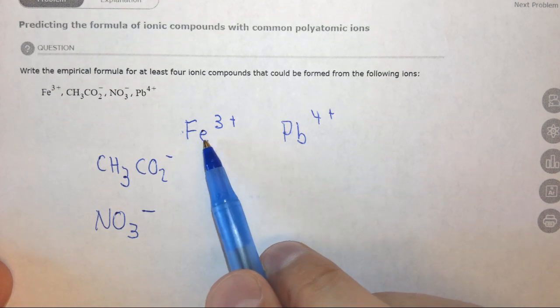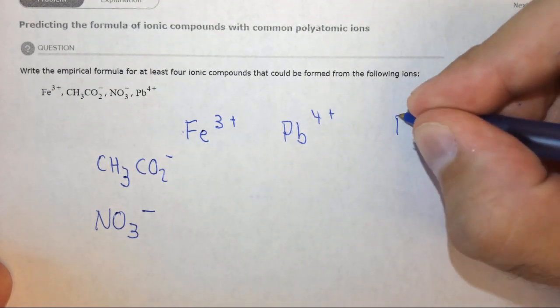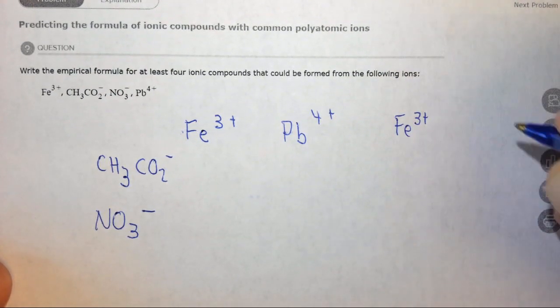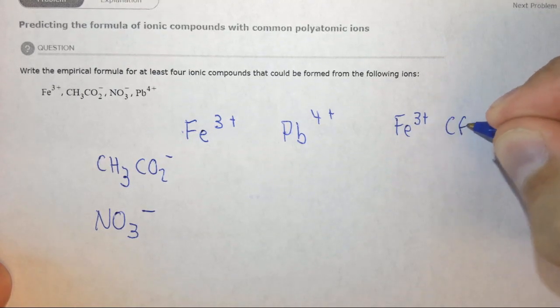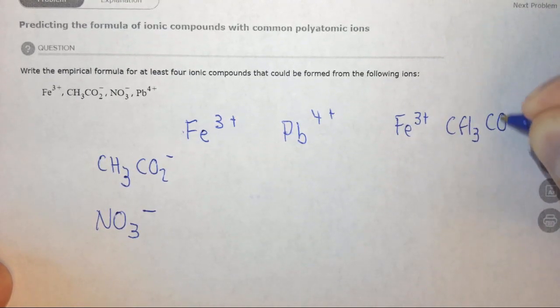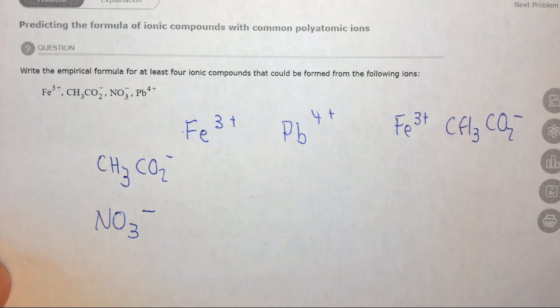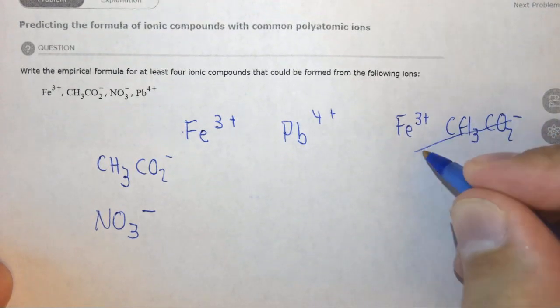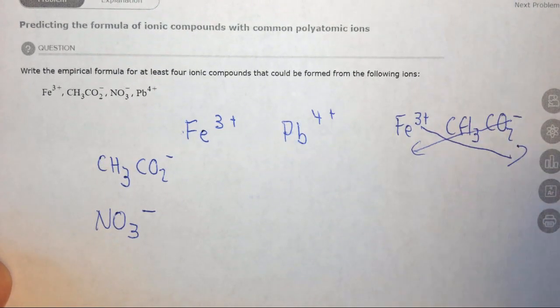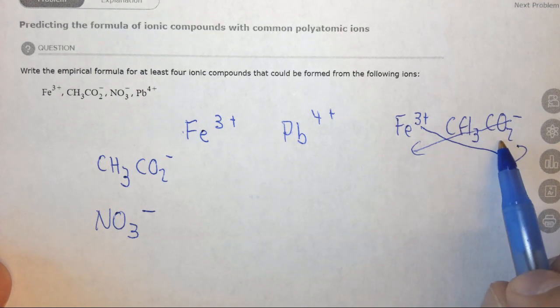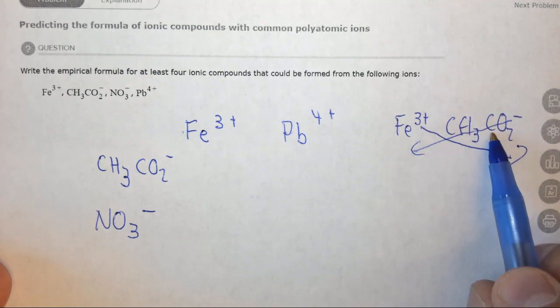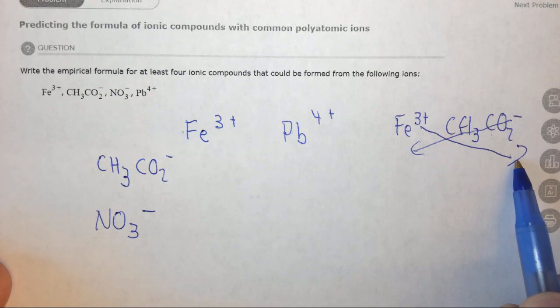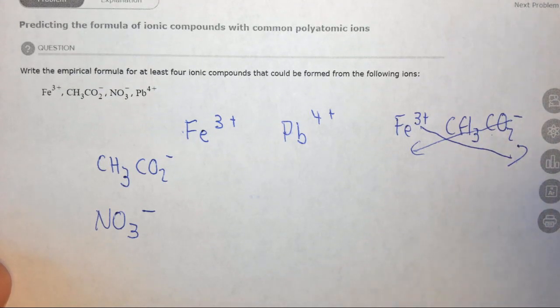So if we have Fe3 plus and CH3CO2 minus forming an ionic compound, we cross the charges. If you need more than one polyatomic ion, which in this case you're going to need 3 acetates because you have to bring this 3 down, you do have to put it in parentheses.